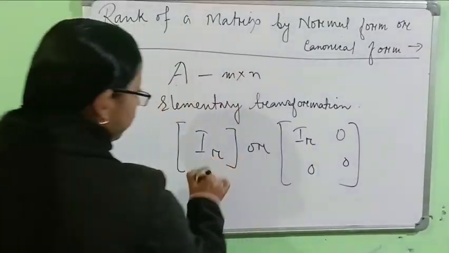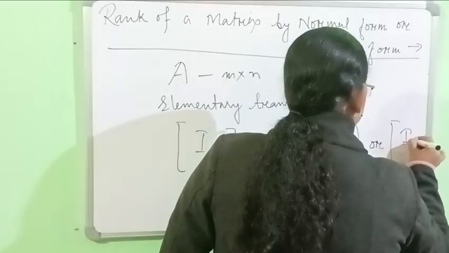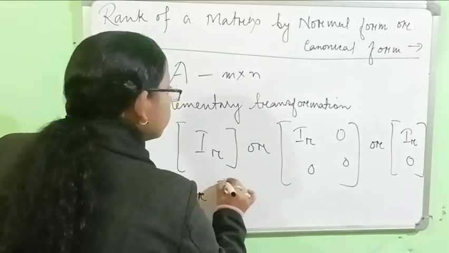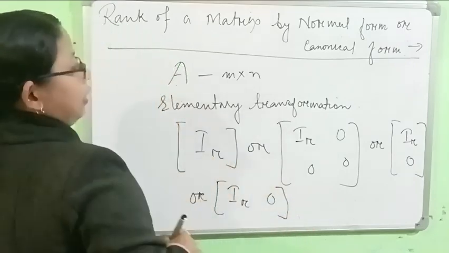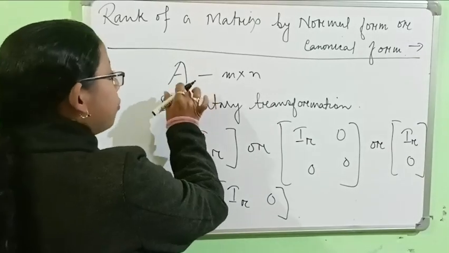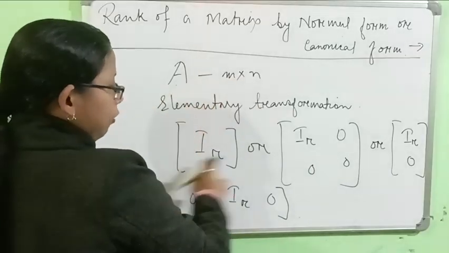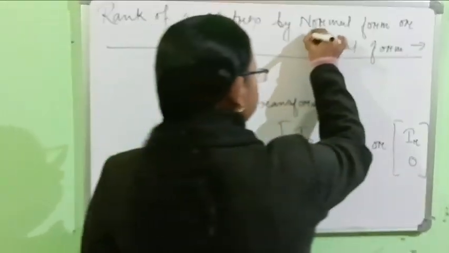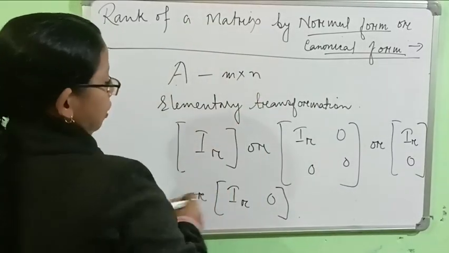Here I_R is an identity matrix. If with a proper set of transformations we reduce the given m by n matrix to any one of these forms, then this form is called the normal or canonical form. Both are the same.